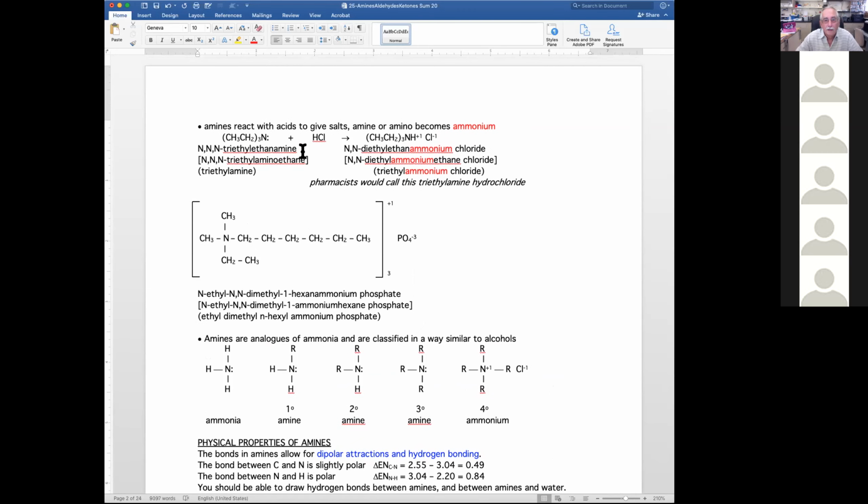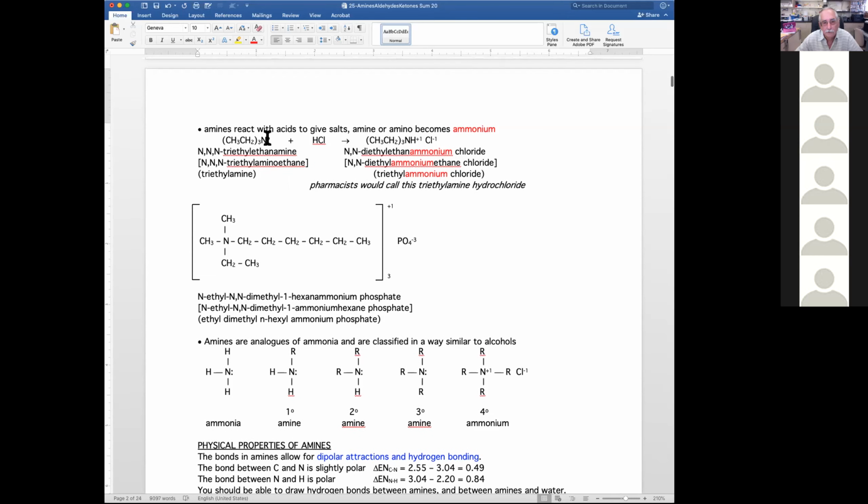So this is like ammonia. Ammonia would be NH3. This is N with 3 ethyl groups attached to it. So that non-binding electron pair right there is what makes it act as a base. So here comes a strong acid, and it transfers the hydrogen ion to that non-binding electron pair, which now becomes a bonding electron pair as it binds to the hydrogen.